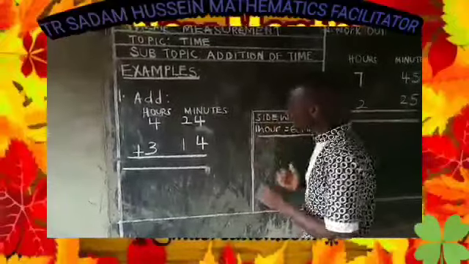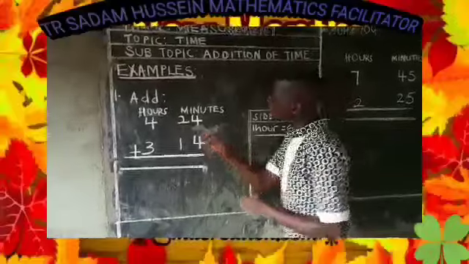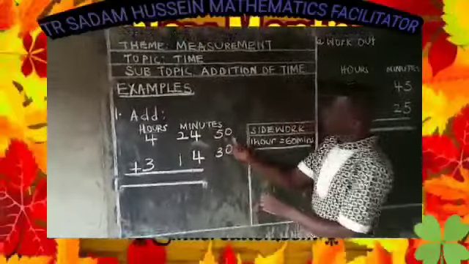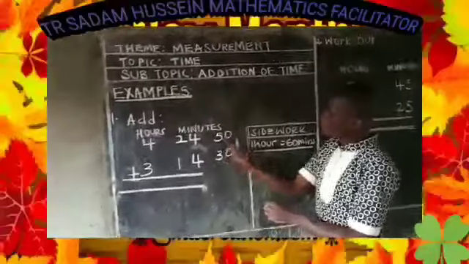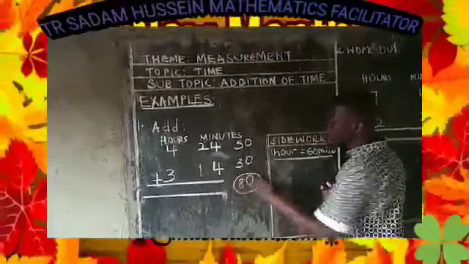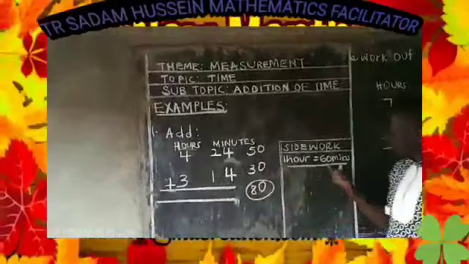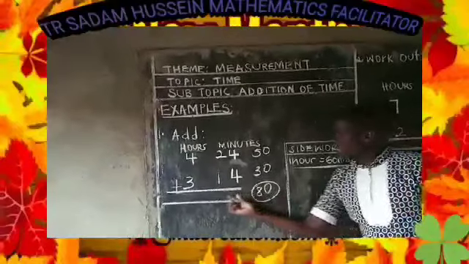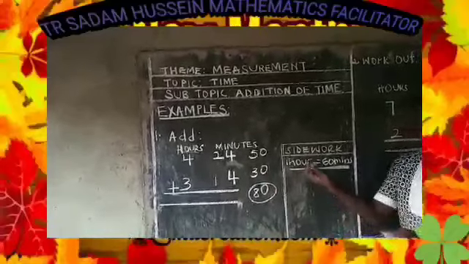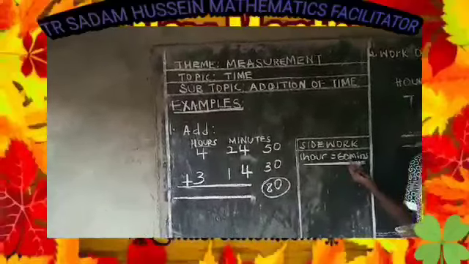We cannot write, for example, if we have 50 minutes and here we have 30 minutes, 50 plus 30 gives us 80. Remember, an hour is only 60 minutes. So will you write the 80 there? No. That's why I have been very specific that 1 hour is equivalent to 60 minutes.